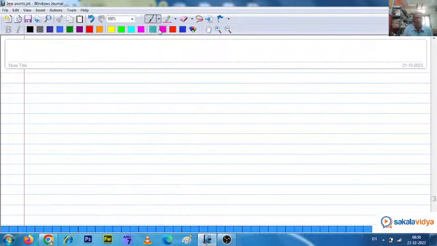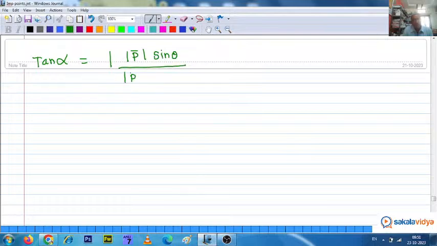So we know that here tan alpha is equal to mod P sin theta divided by mod P plus mod Q cos theta. Clear? Right. Let us substitute the respective values.